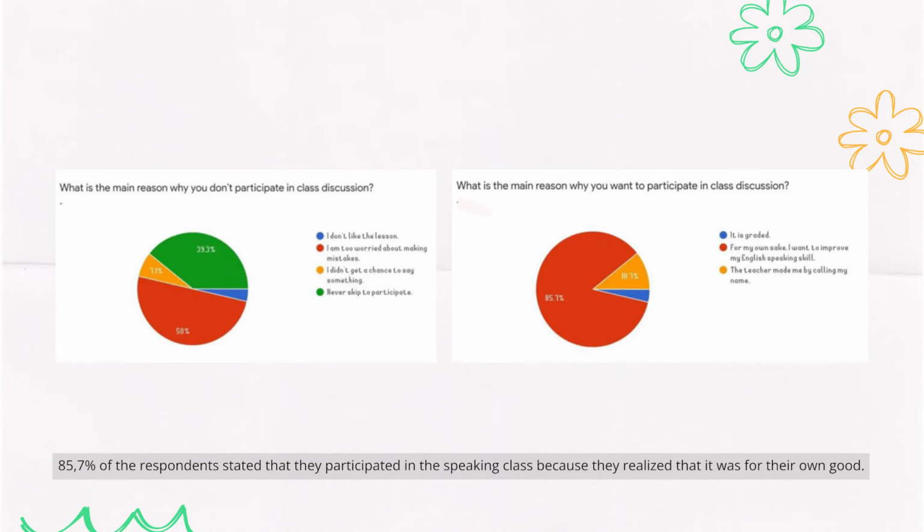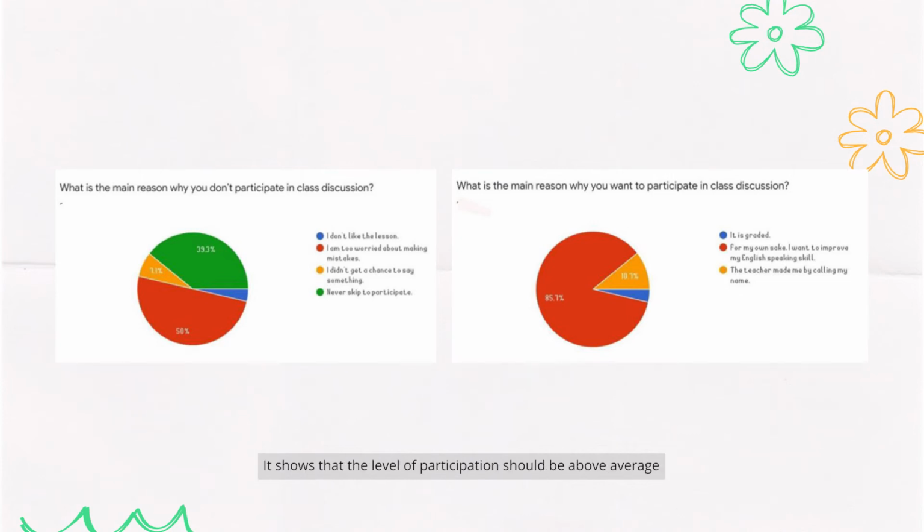Okay, here we can see 85.7% of the respondents stated that they participated in the speaking class because they realized that it was for their own good. It shows that the level of participation should be above average considering that they are aware of how important it is to give contribution during the speaking class.